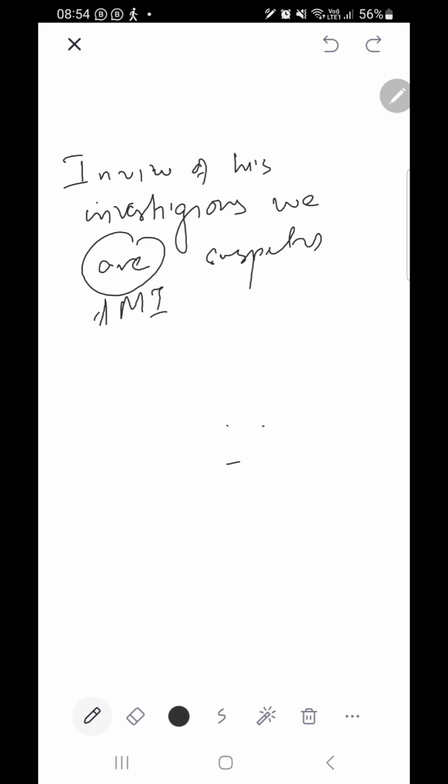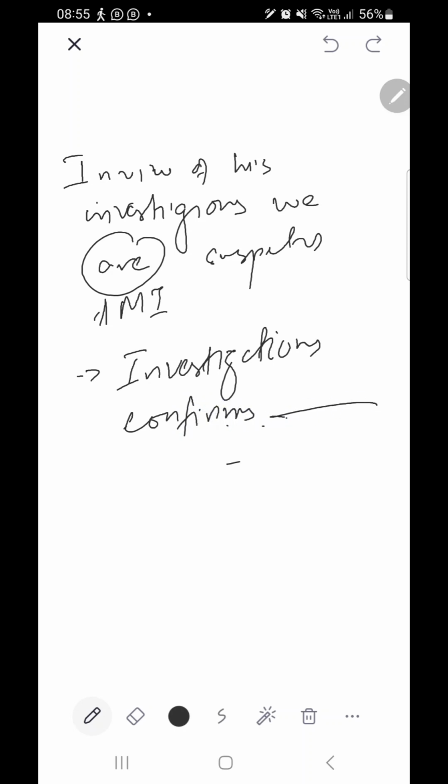So I'm using the present tense. You can write it down. Whatever investigation you're writing over here confirms blah blah blah. Okay, is it clear to you?